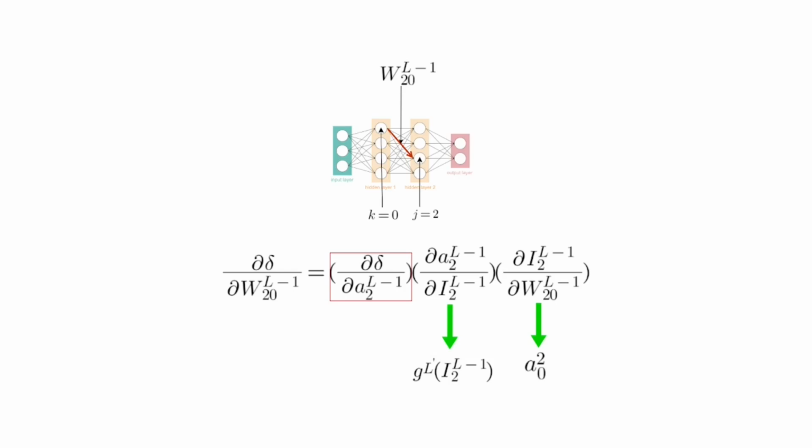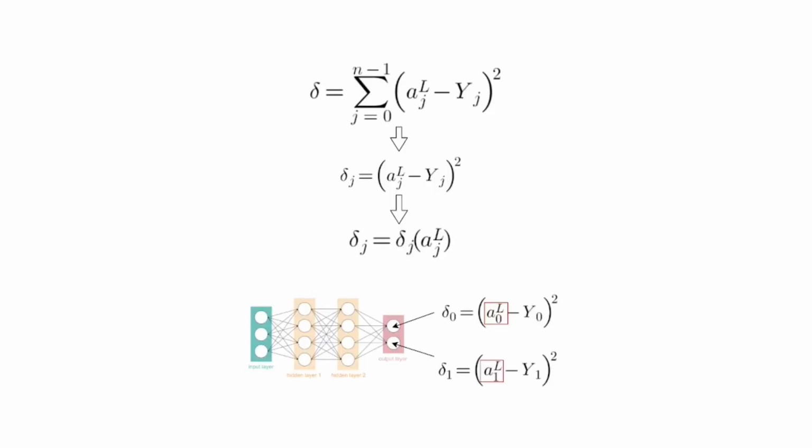In the previous video we saw that the loss function at one node j in the output layer can be computed as the activation output on node j minus the expected value of that node, squared, and we said this allows us to view the loss as a function of the activation output on that node.